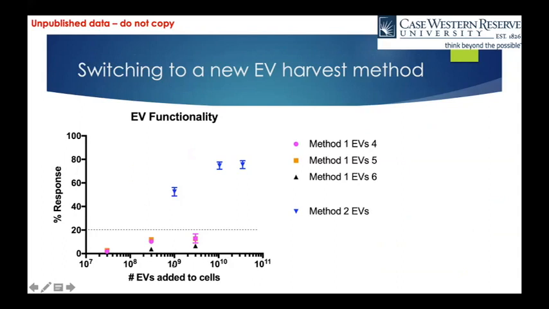And we can even add less of them, and we're still getting a better response. So we only added 10 to the 9th particles here, and we've added 3 times 10 to the 9th particles here, but our new method produces EVs that are much better at generating response in our assay. So we have corrected our issue, presumably, of the harvest method of our extracellular vesicles causing issues.